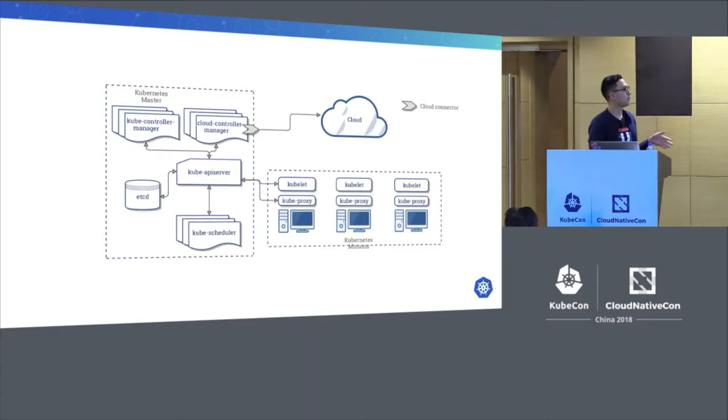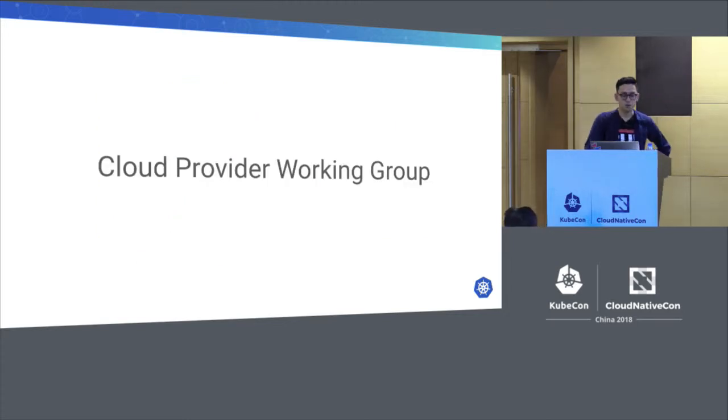The model that we wanted going forward was that all the core pieces of Kubernetes, the kubelet, the API server, and the controller manager, were cloud provider agnostic, and that only this one piece called the cloud controller manager would understand how to call out to the cloud provider. And so in 2016, we formed the Cloud Provider Working Group, whose sole goal was to build that Cloud Controller Manager component.